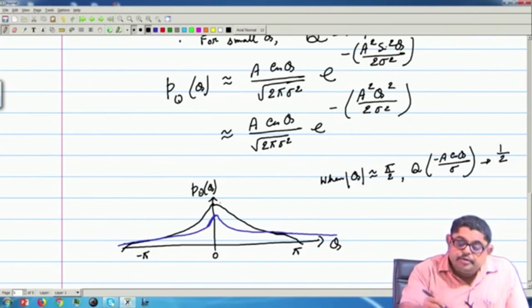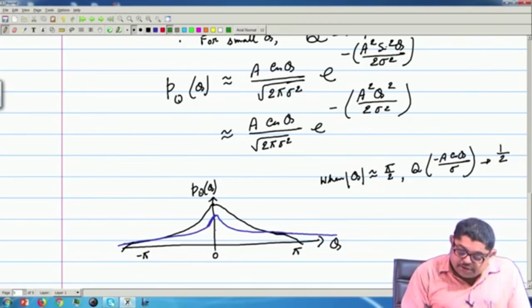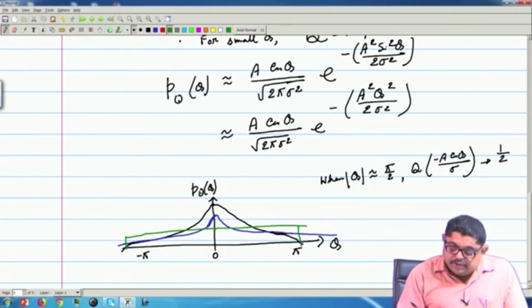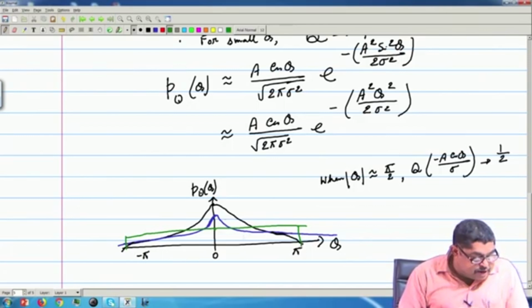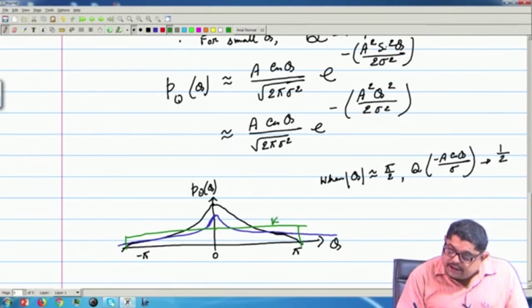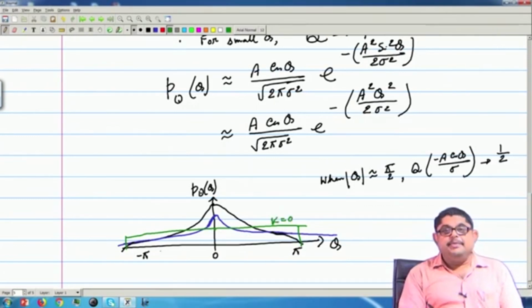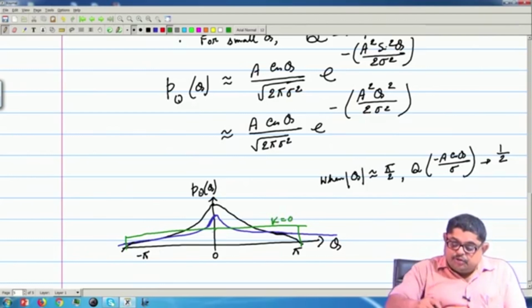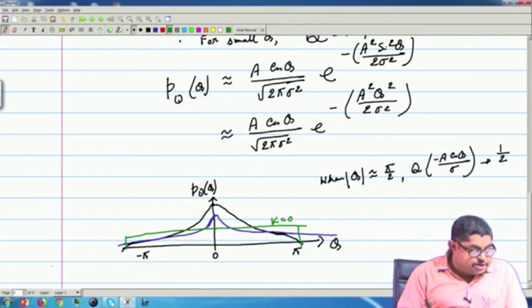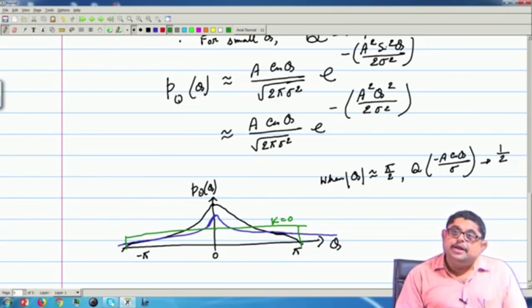As I make it less SNR, almost K equal to 0, that time this same thing comes down. So, it becomes almost like the uniform case.